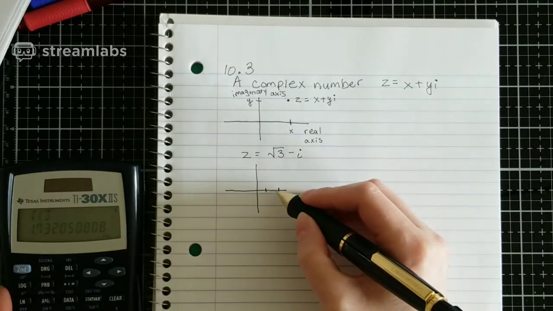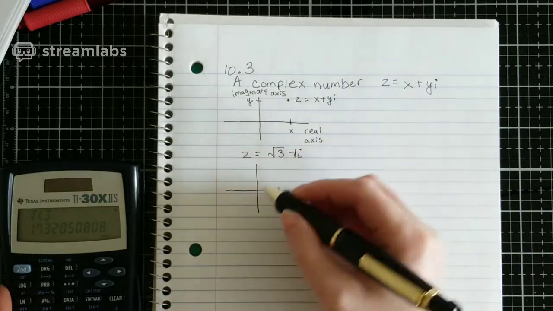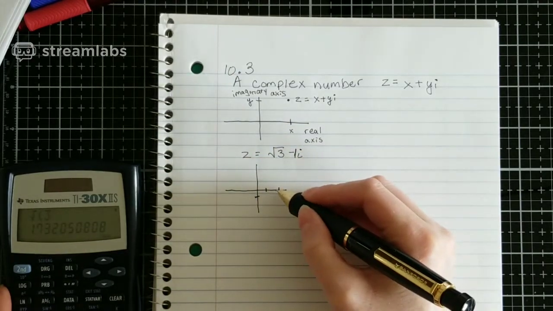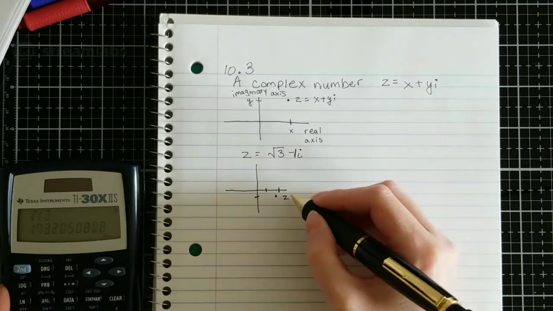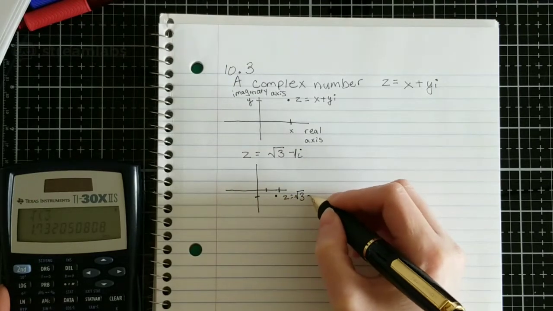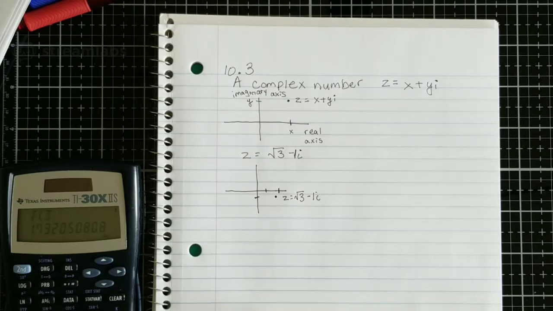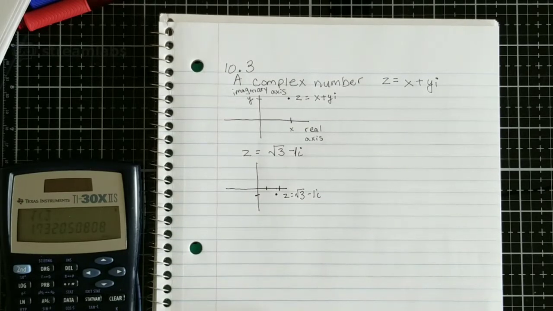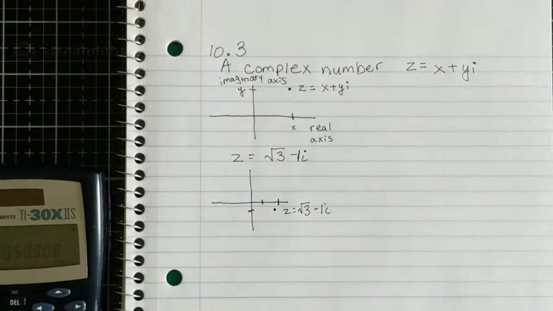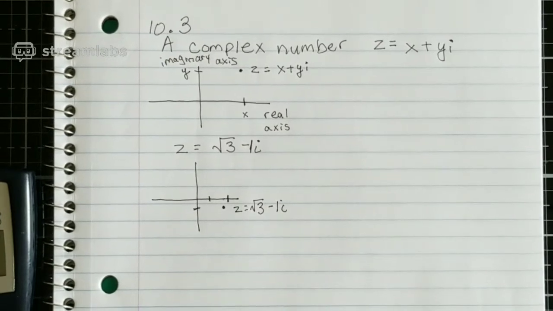So 1.7 would be round about there, and then this would be -1. So we'll go there and then we'll go down for the -1. So that's the z, square root 3 minus 1i. There's really not much to this, so that's kind of good. Zoom in maybe a little bit more here so you can see this better.